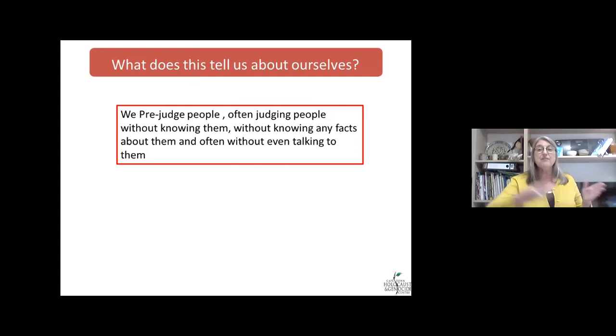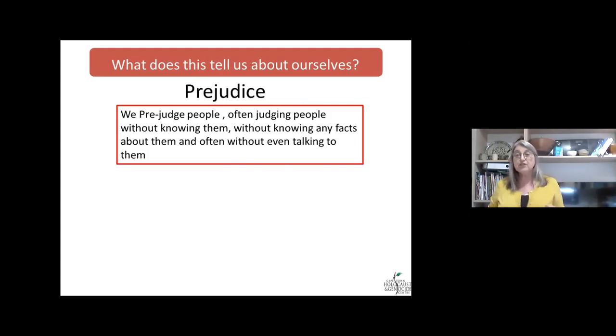We know nothing about them. We just see a certain look or a certain style or a certain race or a certain age or a certain gender. And then we put all those things together, wrap that person up and say, oh, I know about you because you belong to this group. You belong to that group. So we don't have to talk to them because we can tick certain boxes about people who look like that or walk like that or who has that sexuality.